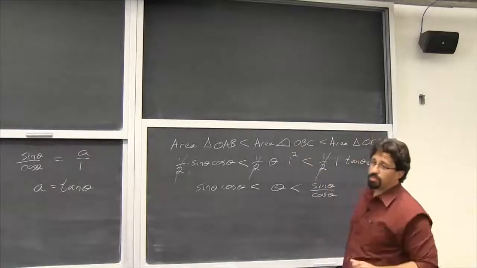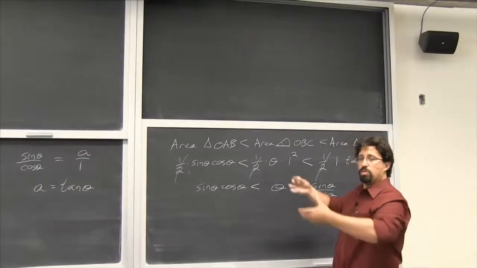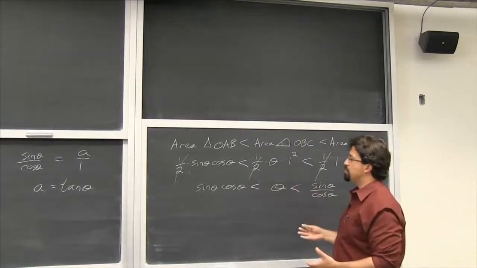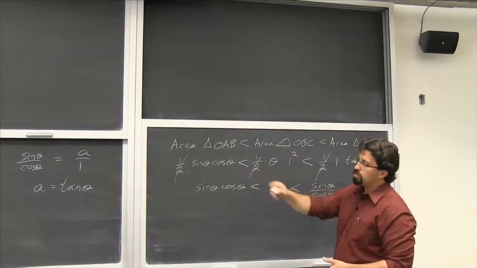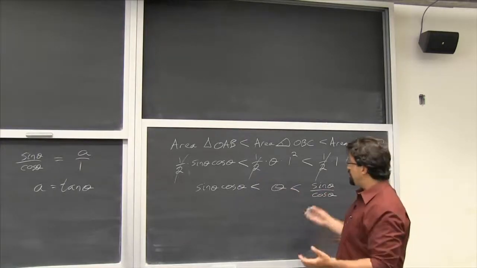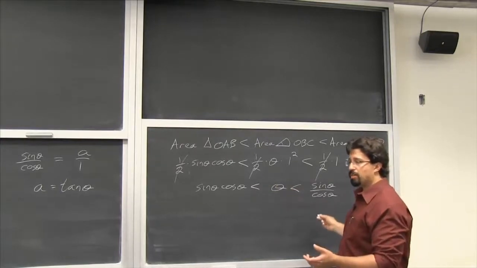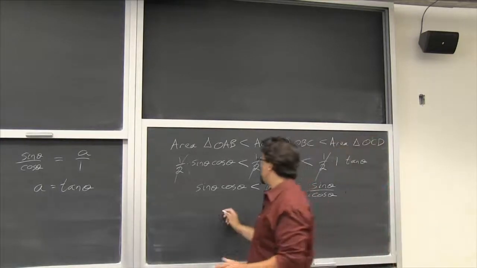Now I wanted to look at sine theta over theta, but I can just as easily look at 1 over that and see what happens. Sine theta is going to be greater than 0 when theta is positive, so I can divide all three sides of the inequality by sine of theta, and everything is going to hold.